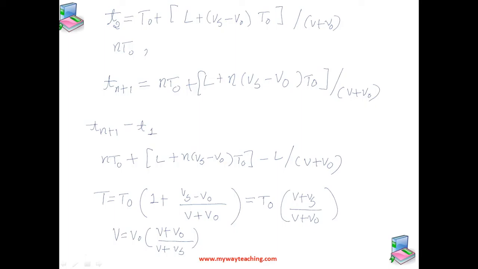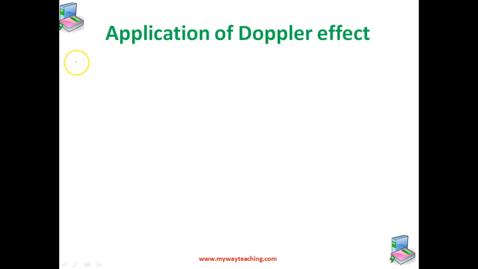So the relative velocity of sound with respect to the observer is V plus V naught. In all the cases, it is the same. Now let us see applications of the Doppler effect in short.